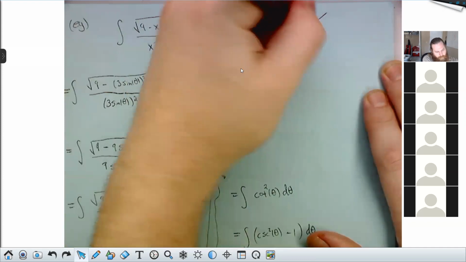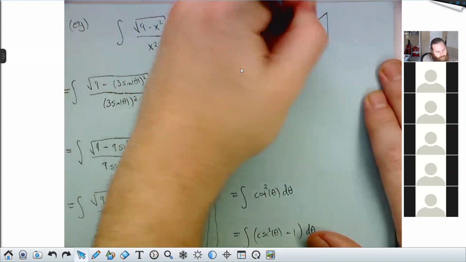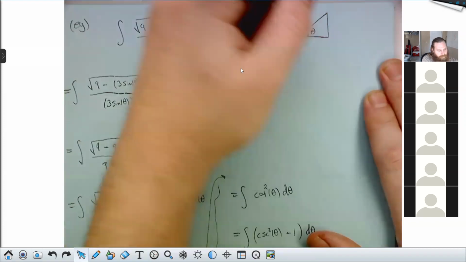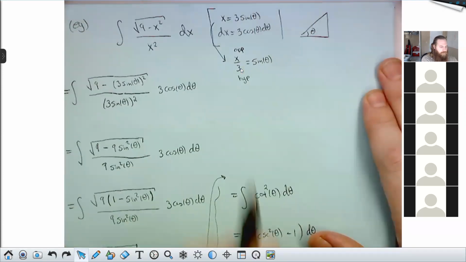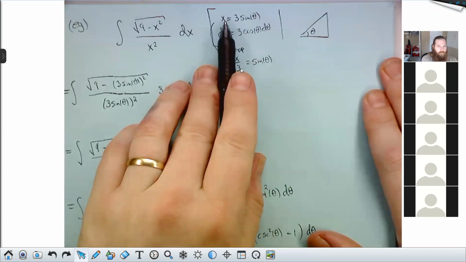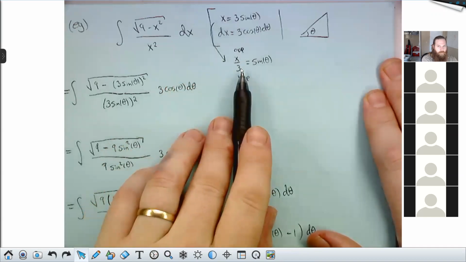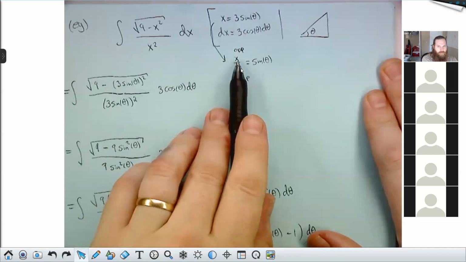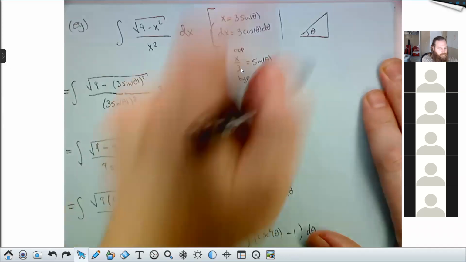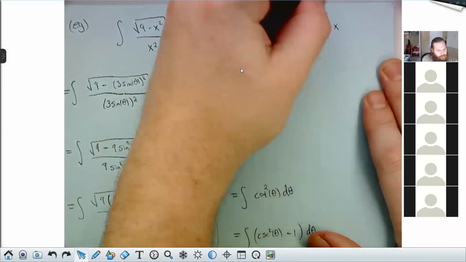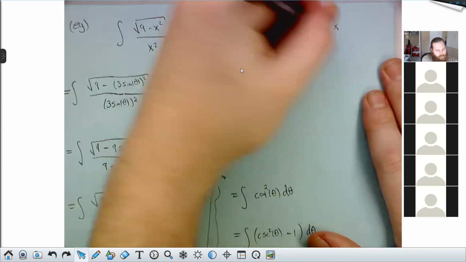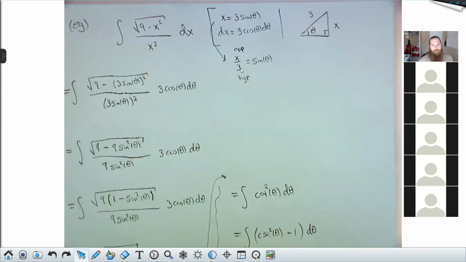So I can draw a little triangle where one of these angles is theta, and then use my substitution to complete the triangle. I'll draw the opposite side as x and the hypotenuse as 3. This is always a right triangle that we draw, so I can figure out the missing side using Pythagoras.